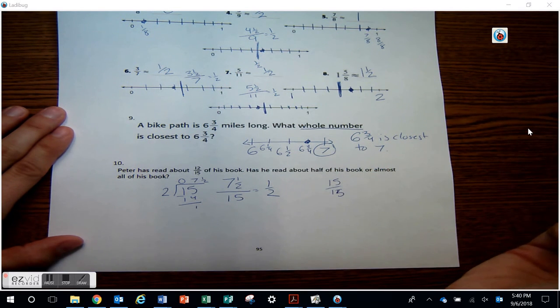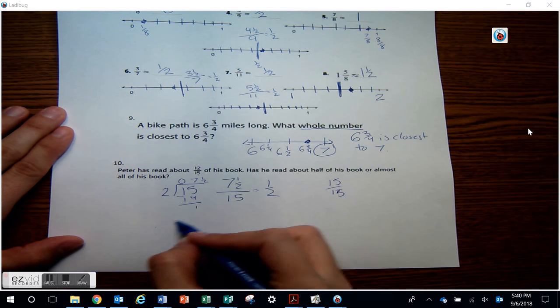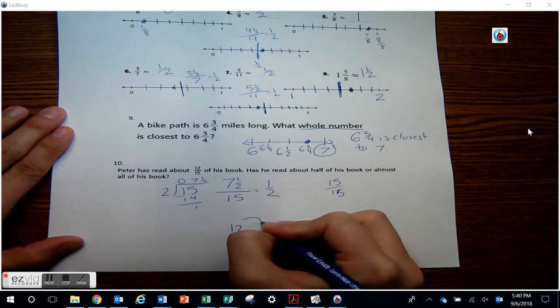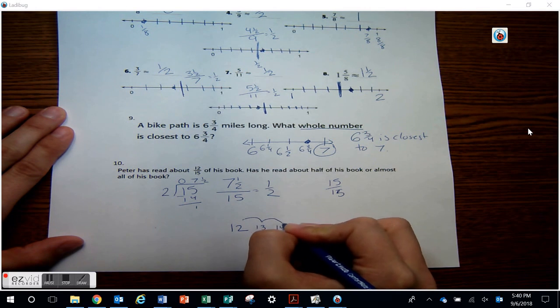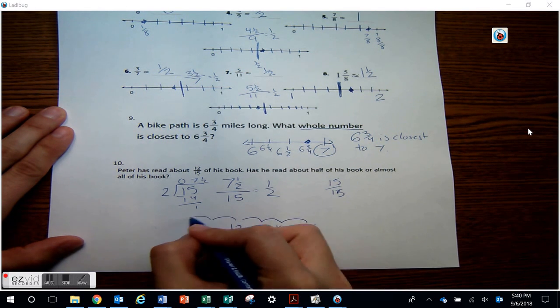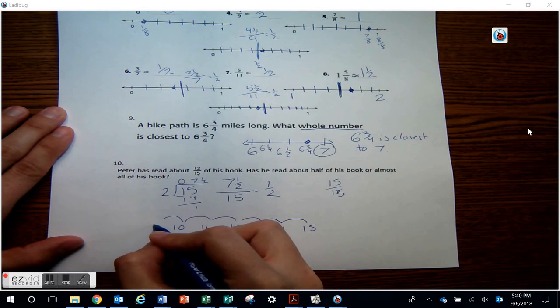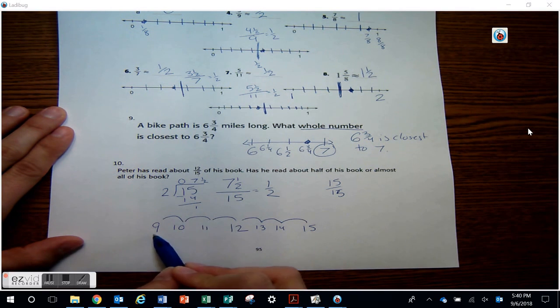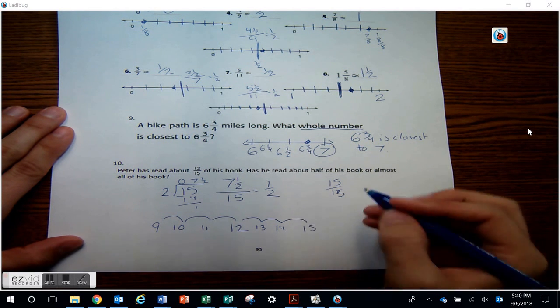If I took 15 and divided it by 2 to get what half is, which is what we did over here, I'd end up with 7 1/2. 7 1/2 is half of 15. This fraction here, even though it looks crazy to us, is half of 15.